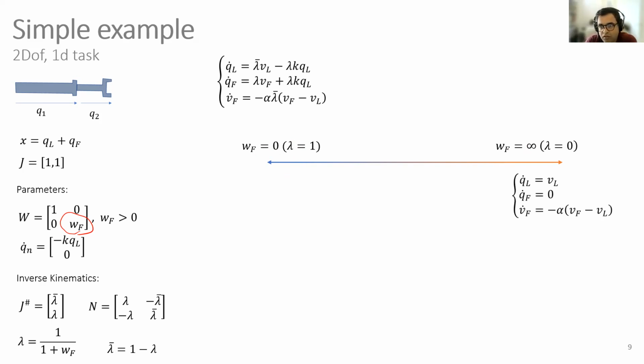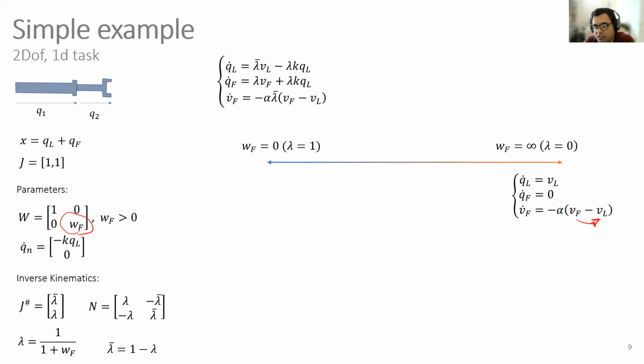So here, if we replace lambda equals 0 into the dynamics, we arrive at these simple dynamics where the follower doesn't move. So the follower is not providing any assistance, but the VF will converge to VL.